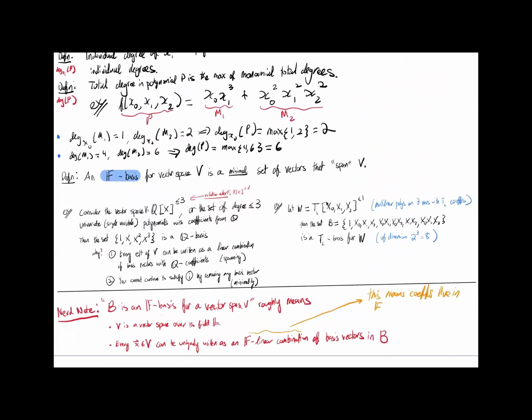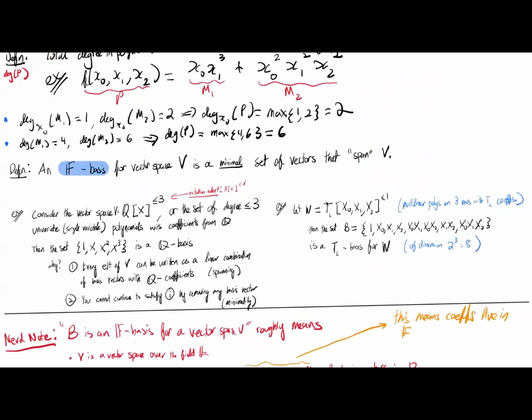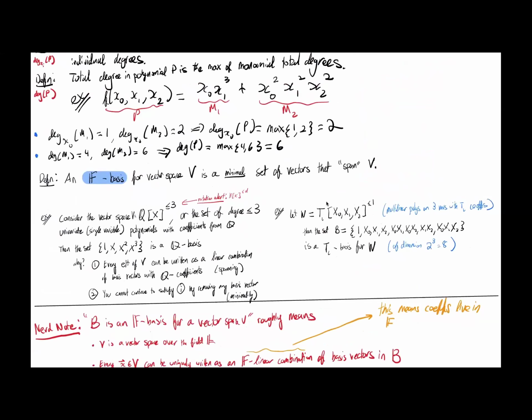Let's talk about bases and vector spaces. If you're familiar with a vector space, basically a vector space is something that is defined over a specific field, and it's basically a set with a couple of special operations.